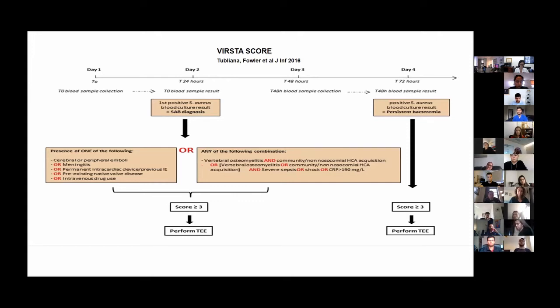Okay. So here is a scoring system. If you like algorithms, this is Fowler again, and it's the VIRSTA score, and basically has some of the things that we just mentioned, trying to help you decide who you should send for a TEE or not.